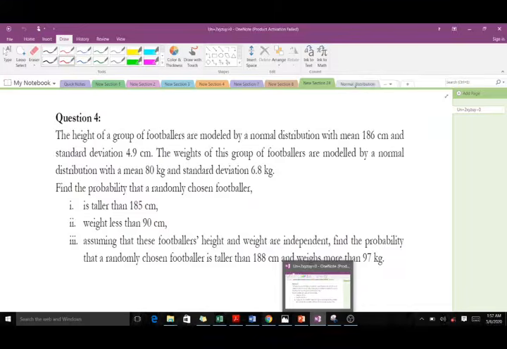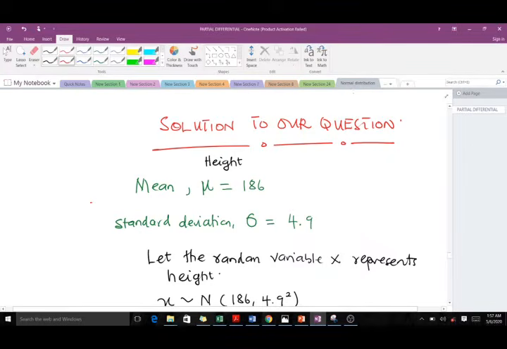So let's come back here. So for the height, the mean is 186 centimeters and the standard deviation is 4.9 centimeters. Right. So remember that we said that the normal distribution is denoted by something like this.